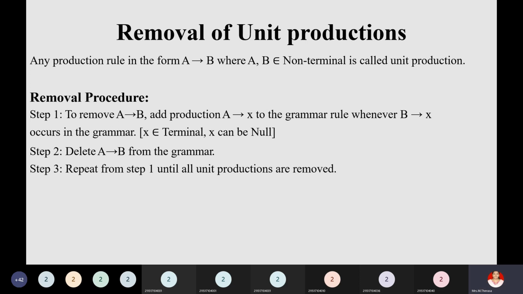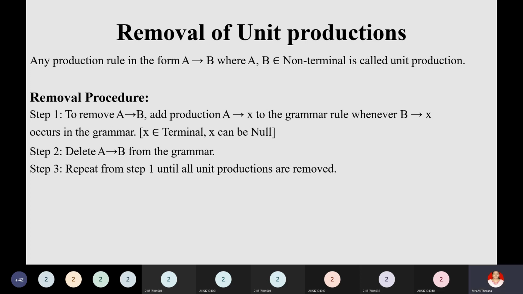First, to remove this A tends to B, you need to add A tends to X to the grammar rules, where B tends to X occurs in the grammar. Then you can delete this A tends to B. And we repeat steps 1 and 2 until there is no more unit production in the grammar.